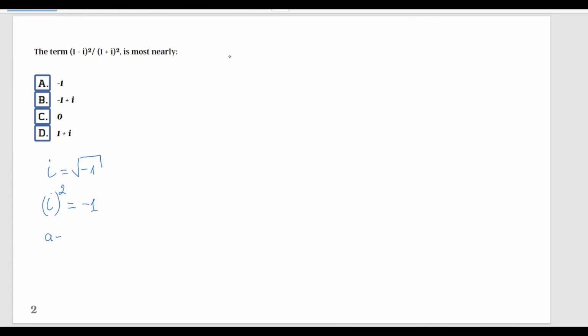So we have (a plus b)², and we also have (a minus b)².